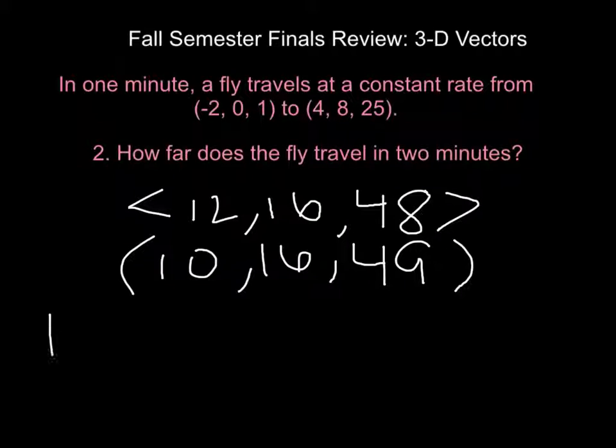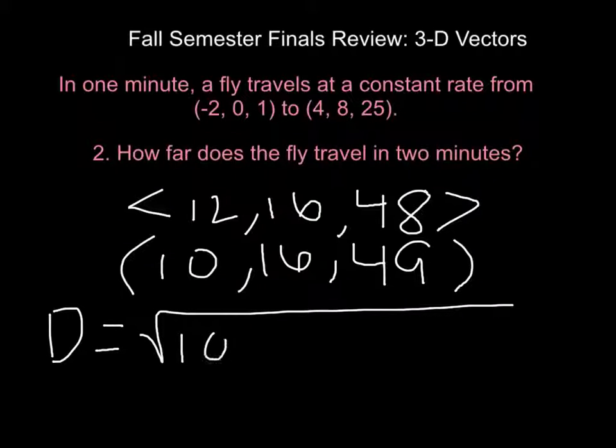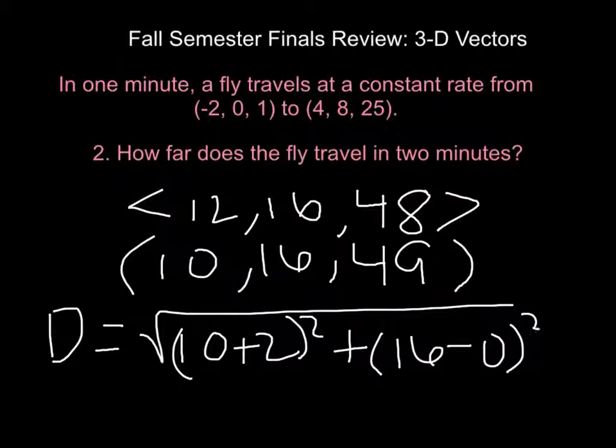So the distance formula is 10 plus 2 squared plus 16 minus 0 squared plus 49 minus 1 squared. I don't have any more room. Where'd your 19 come from? 49, you mean? That's what I meant, 49.